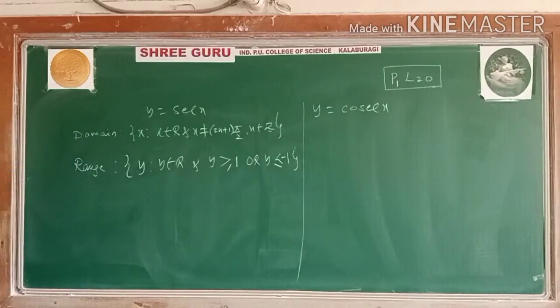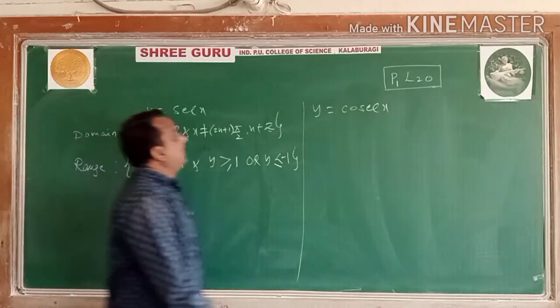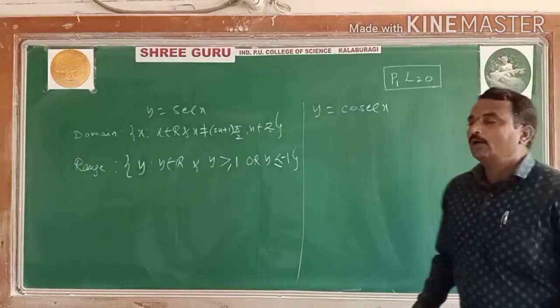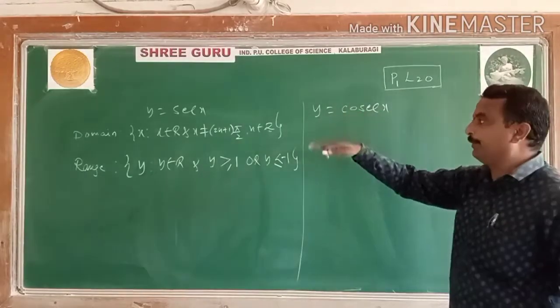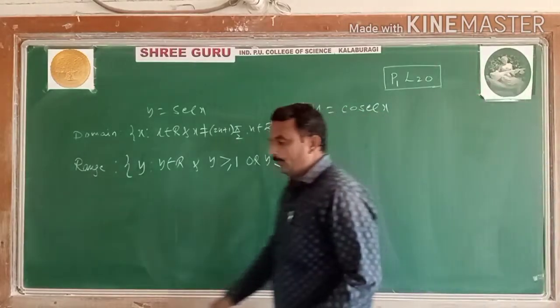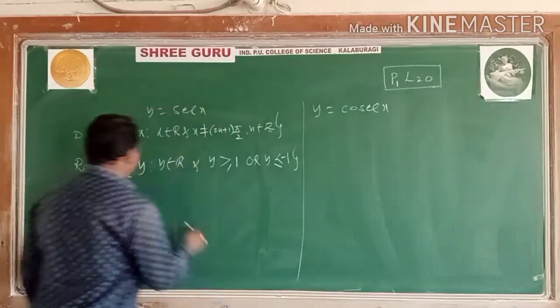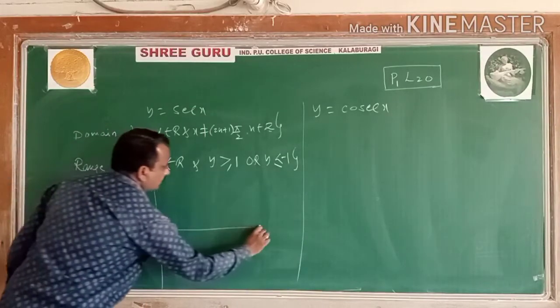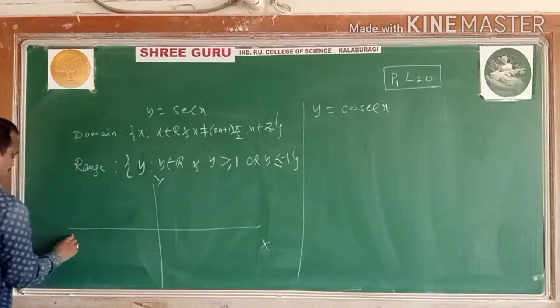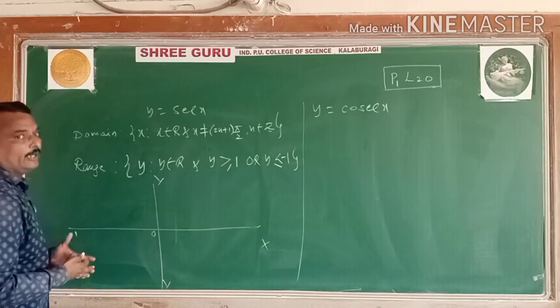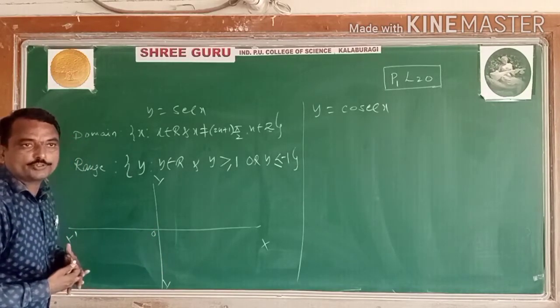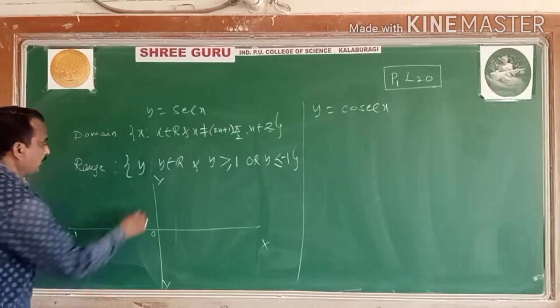Next, let us see the domain and the range of cosecant x. I hope you have drawn this graph. Let me show this graph also. This is the x-axis and y-axis. Cosecant 0: sine 0 is 0, so cosecant 0 is the reciprocal of 0, infinity.